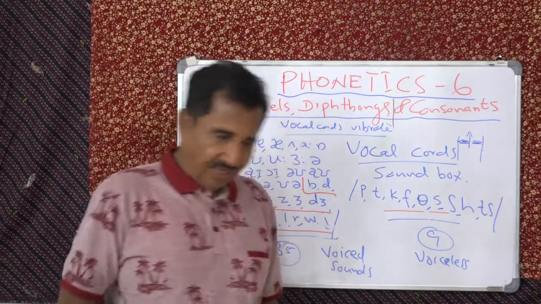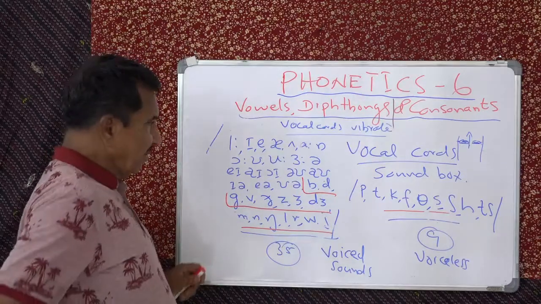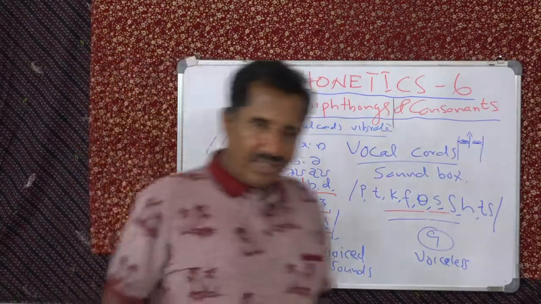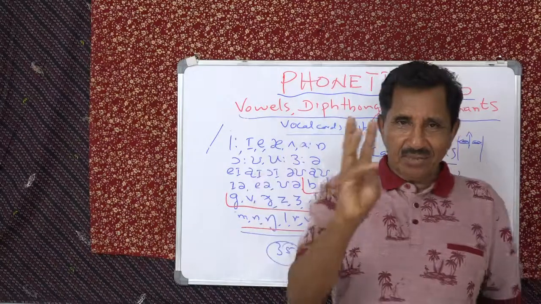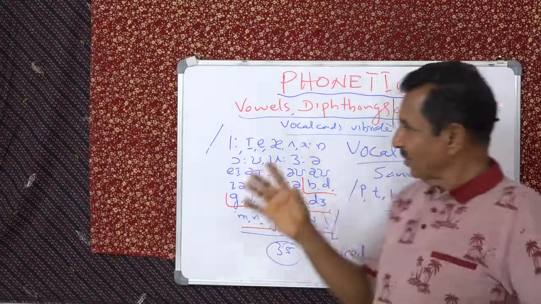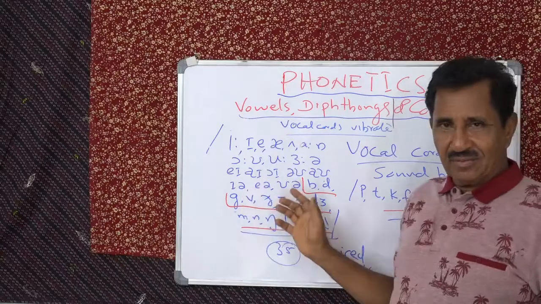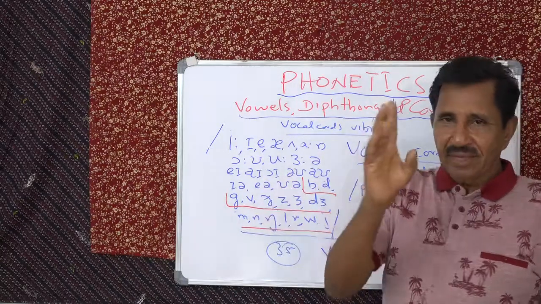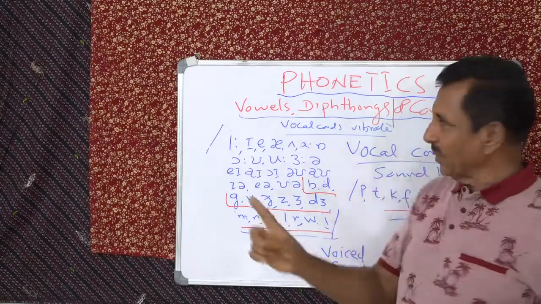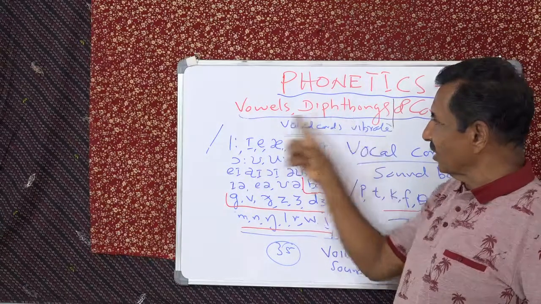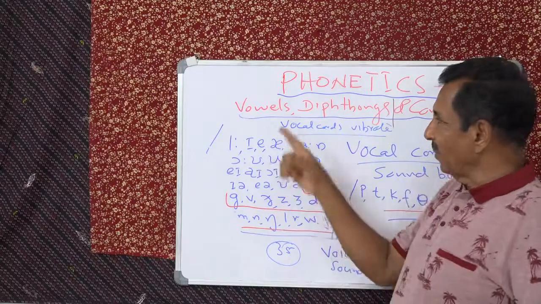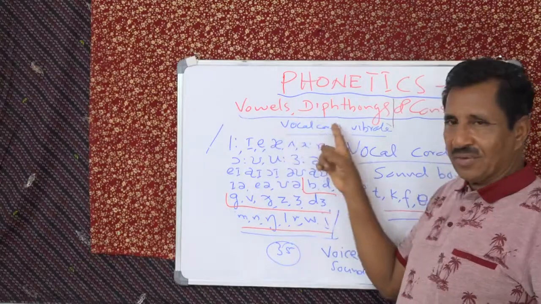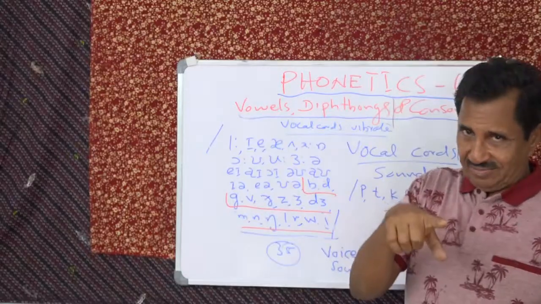Clear? Okay. I think this is enough for you today. So, 3 things I told you today. These are speech sounds, applicable to all the 44 sounds. Airflow is free, applicable only to diphthongs and vowels. Vocal cords vibrate, applicable to vowels and diphthongs and some consonants.